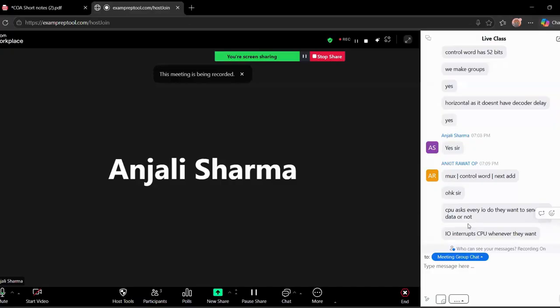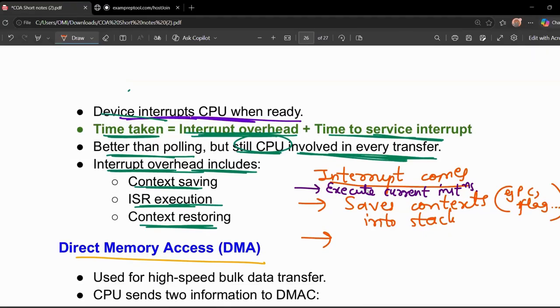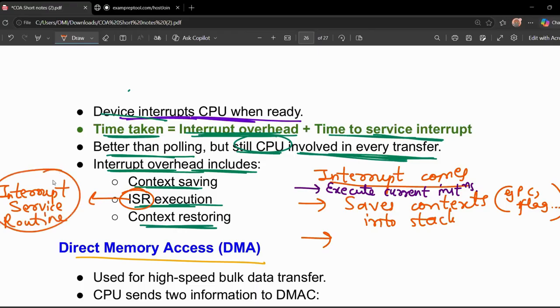As soon as you get the interrupt and save the context, you have to service it. ISR means interrupt service routine. It is just a function.